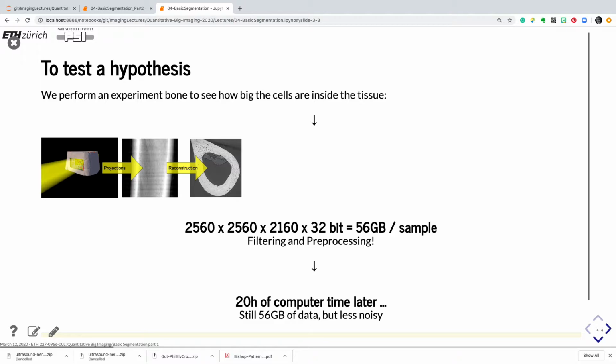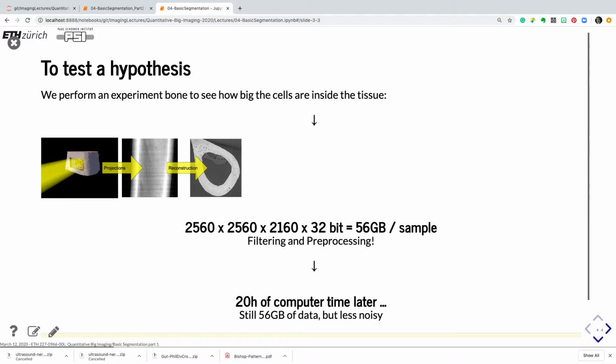So in this case, we're talking about 2,500 squared times 2,100 times 32 bits, which results in 56 gigabytes of data per sample. That's a lot.